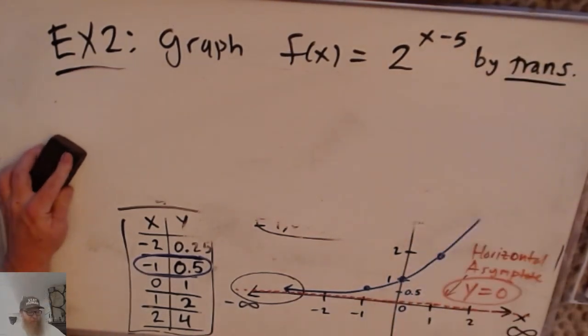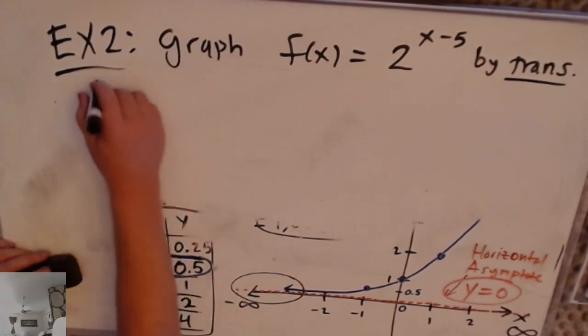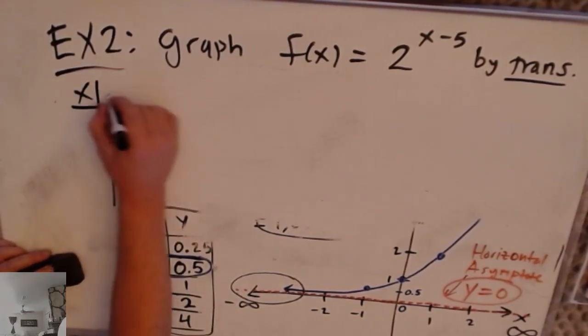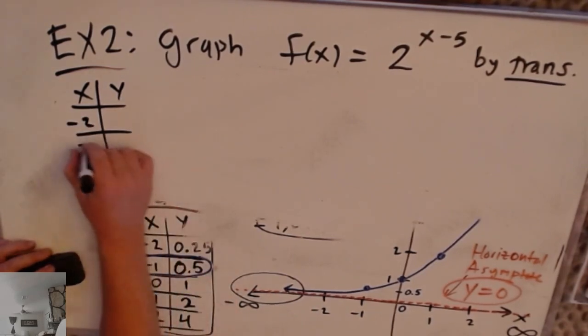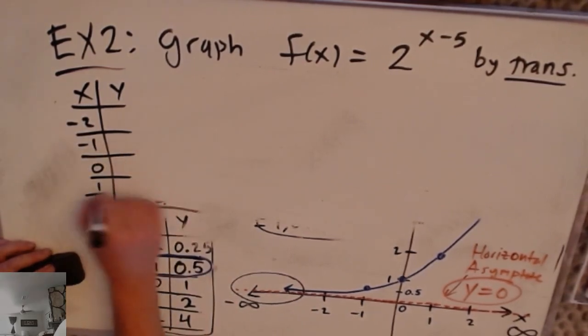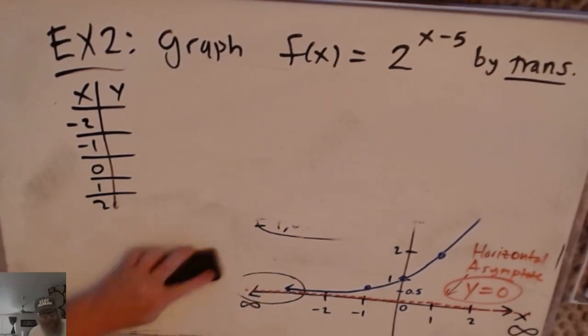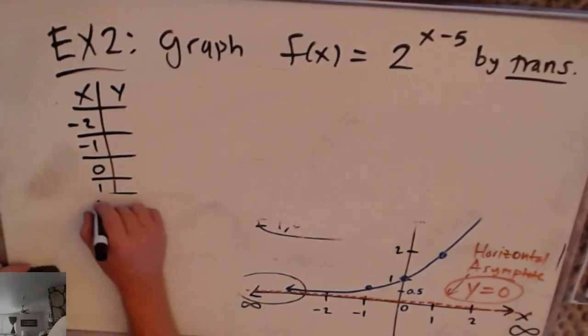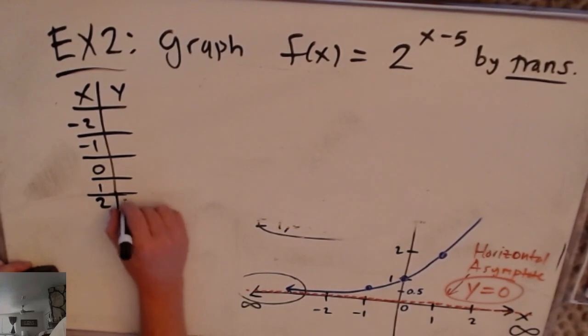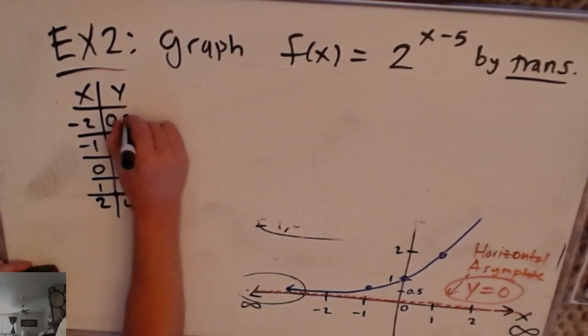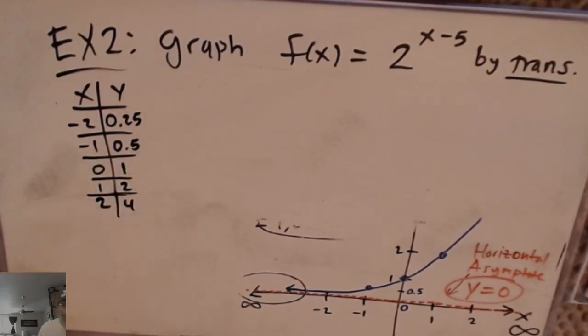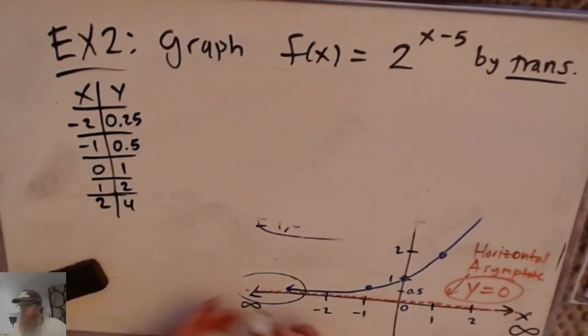So by transformations, we are going to graph 2 to the x minus 5. I'm just going to copy this table down so that I can erase it and reuse the space here. So you're going to start with your mother table.